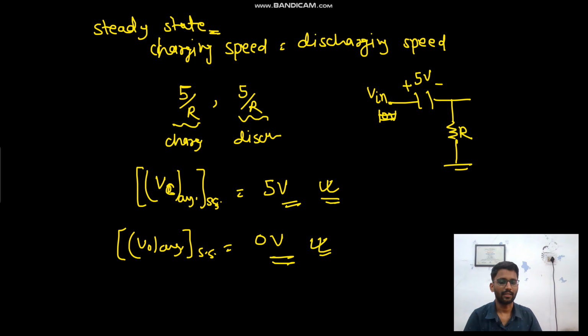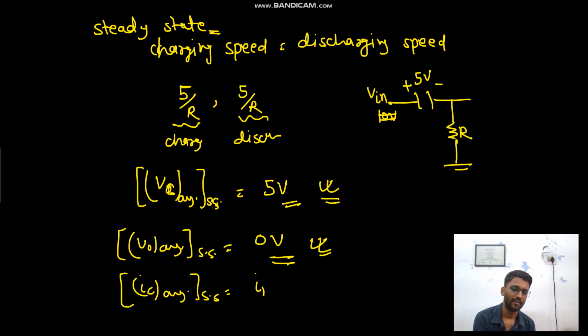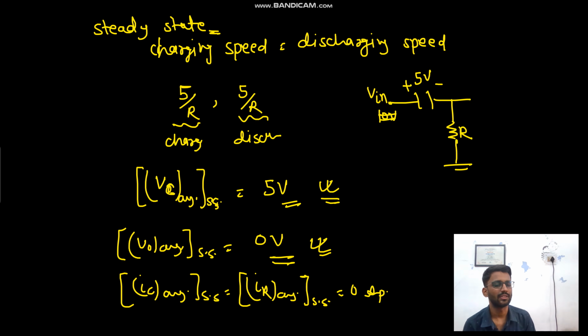So that's about the second circuit. And also talking about IC average at steady state or IR average at steady state, this will also be 0 ampere. Or you can see it by the concept of that current waveform that we drew initially. If Vin is 10, then the current will be 5 by R in positive direction.